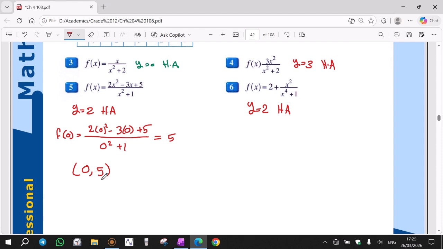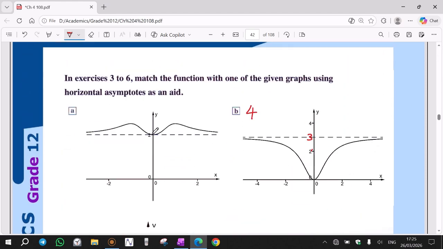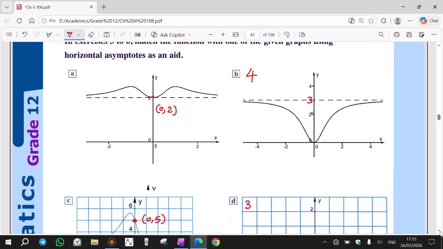Now, point (0, 5) must be on the graph of equation number 5. (0, 5) is right here. If I look at the other graph, this point is not 5, it's 2. Now, I'm sure graph C belongs to number 5.